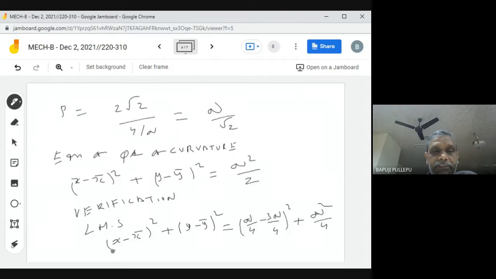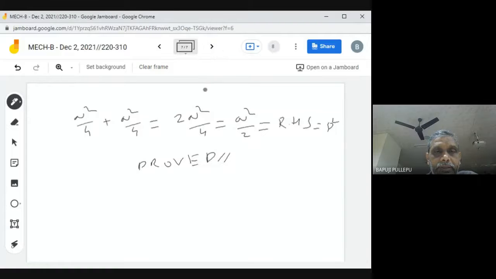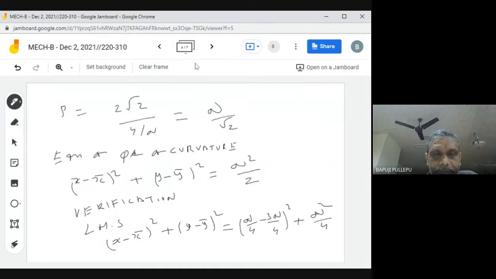Equation of center of curvature means this, you can stop. You have to write the equation (x minus x bar) square plus (y minus y bar) square. What did I get for a bar? A by 4. What is x bar? 3a by 4.